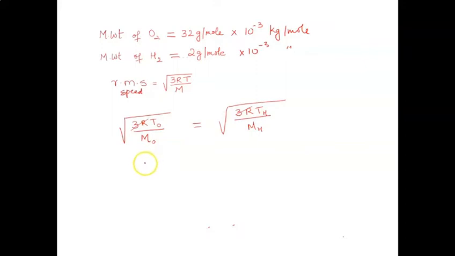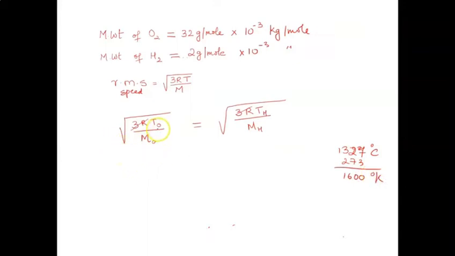So what remains is TO. TO is 1327 degrees centigrade plus 273, which gives you 1600 degrees Kelvin.